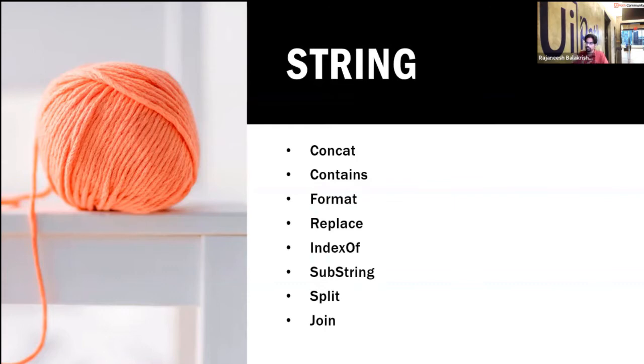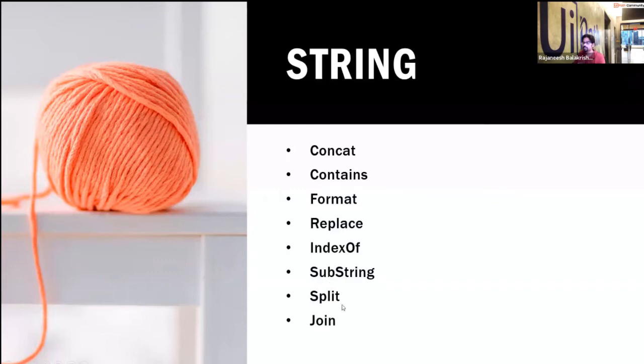Substring is a string within a string. We give some values, like 0, 2 for the first two letters. There is 0, 1, and 2. So if you see the word substring and give 0, 3, you get the first three letters, because 0, 1, 2, 3, sorry, it is 'sub'.